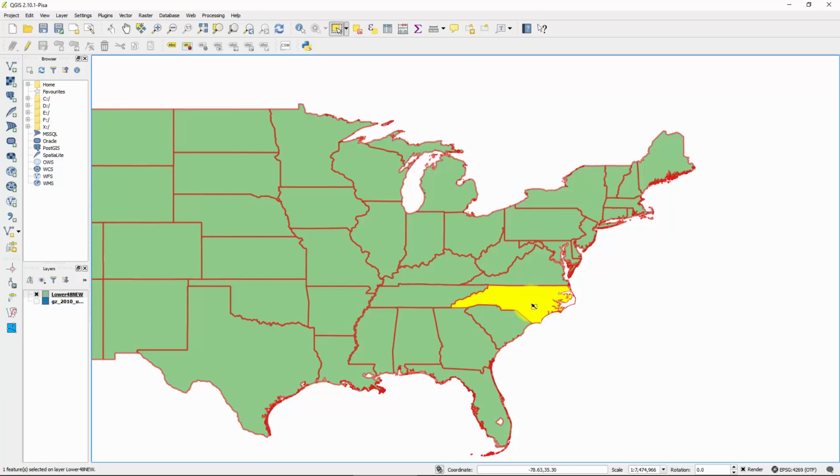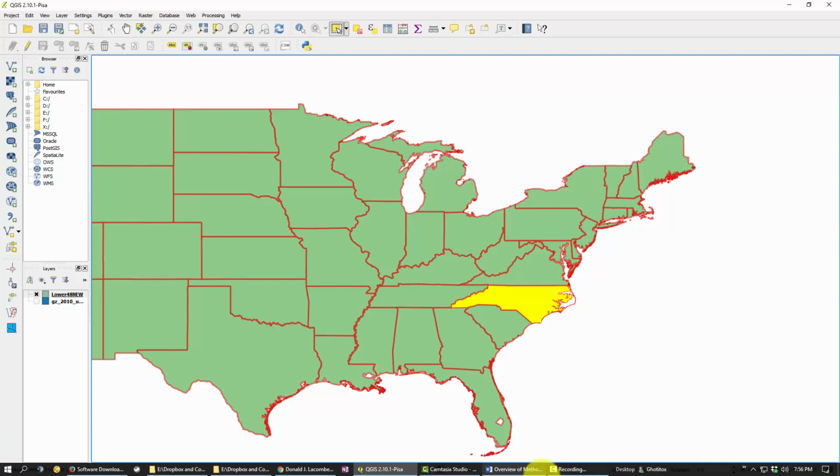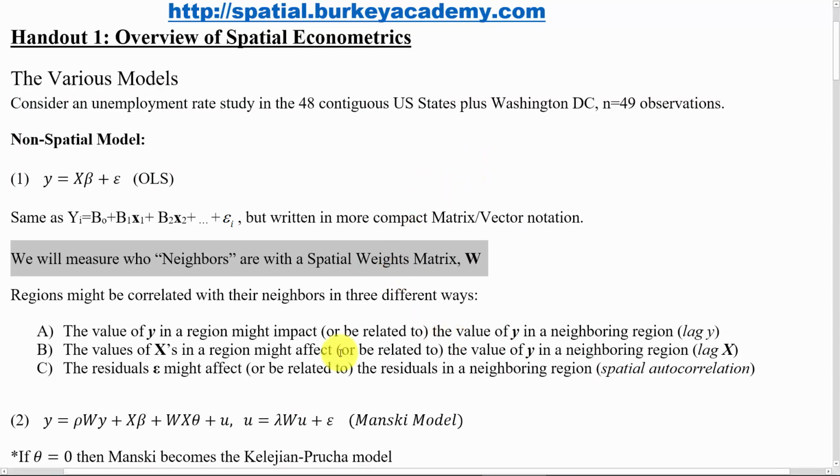Another way, instead of just saying you're a neighbor or you're not a neighbor, we might say, well, you're a stronger neighbor if you're closer, and you're less strong of a neighbor if you're further away. So we could do a distance-weighted neighbor relationship. A lot of ways we could do this. But however we decide, we ought to carefully think about what we're doing.